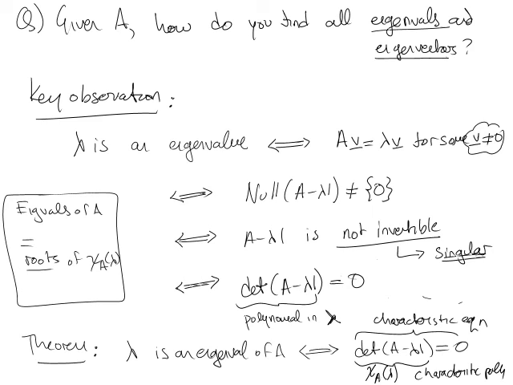We've turned it into a problem we know how to solve, namely computing the roots of a polynomial. And as I said earlier, once you know the eigenvalues, we already know how to find the eigenvectors. Given an eigenvalue, the corresponding eigenvectors are just the null space of A minus lambda I, which you can find by row reduction.